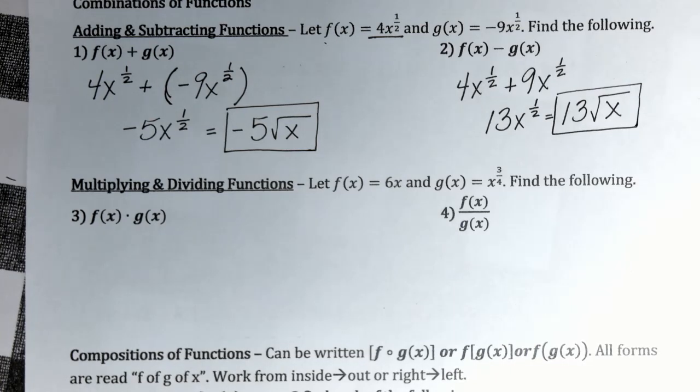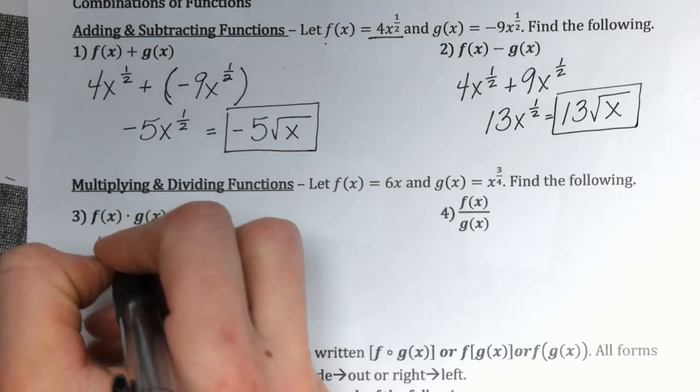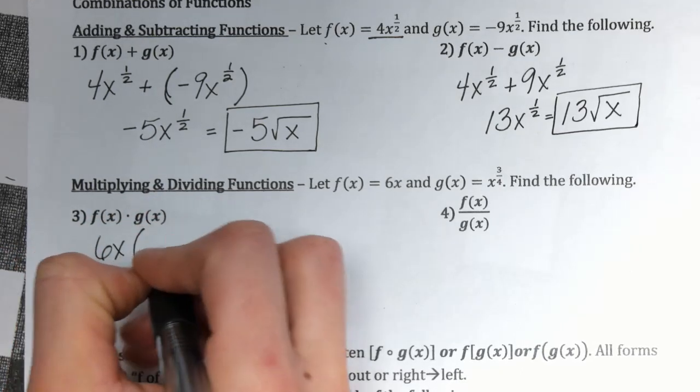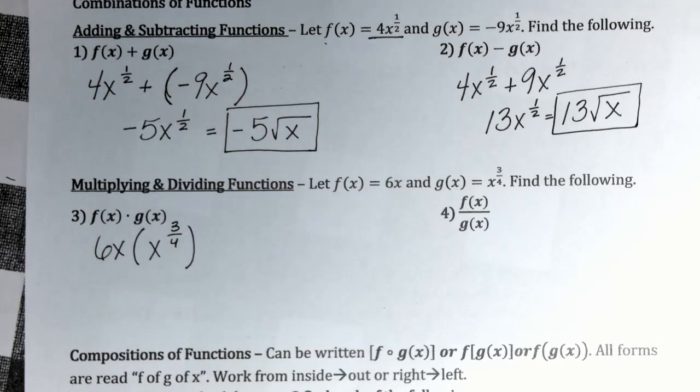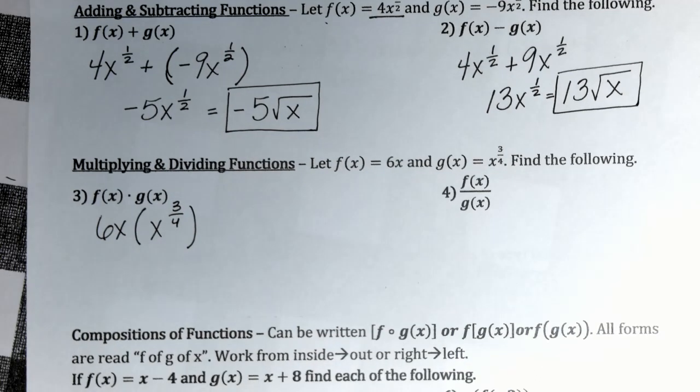Alright, now multiplying and dividing, I'm still giving you the functions. So f of x is equal to 6x and g of x is equal to x to the 3/4. So if I'm multiplying, I have 6x times x to the 3/4. Well, how am I going to do that? So, do I have two x's?